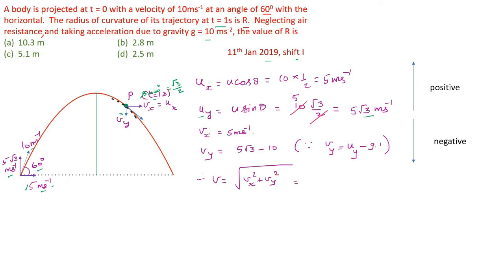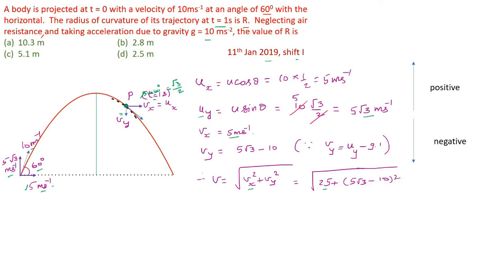Obviously, for this velocity v, use the parallelogram law of vectors. The angle between the two components being 90 degree, v equal to root of vx square plus vy square. Substituting for vx and vy, Vx is 5, so 5 square is 25. Vy is 5 root 3 minus 10, the whole square.